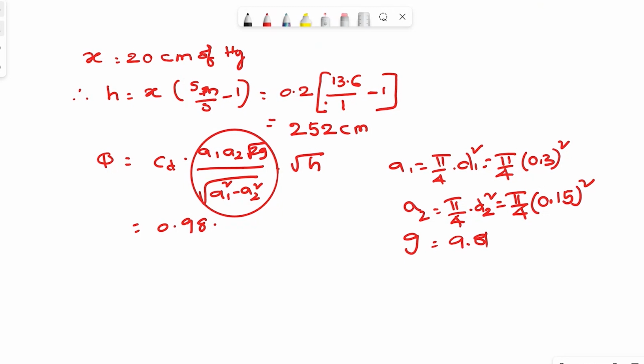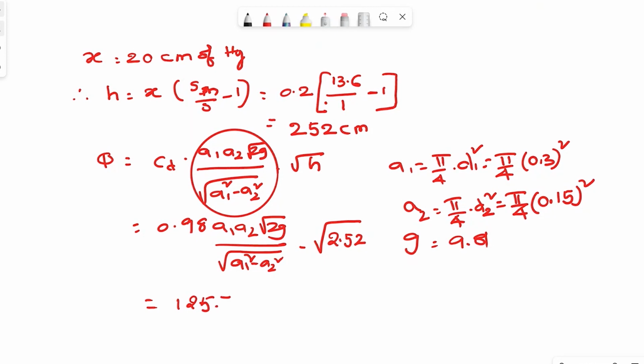Substituting all these, and root H in terms of meters, root of 2.52, finally if you calculate this, you will get the discharge Q equal to almost 125.756 into 10 to the power of minus 3 meter cube per second.